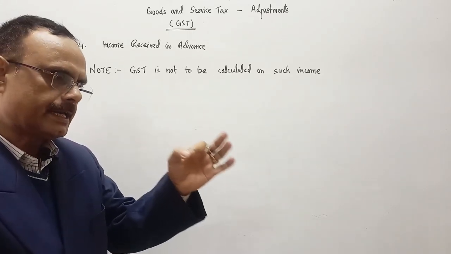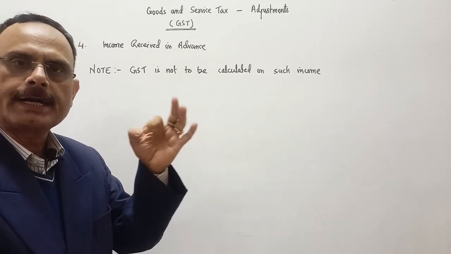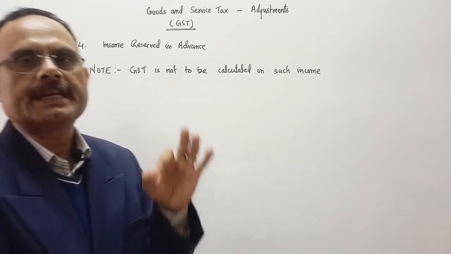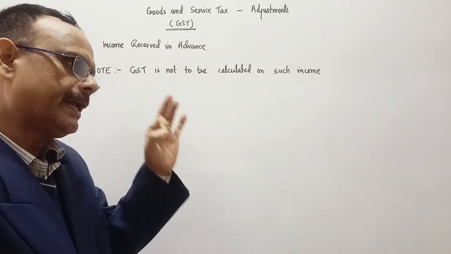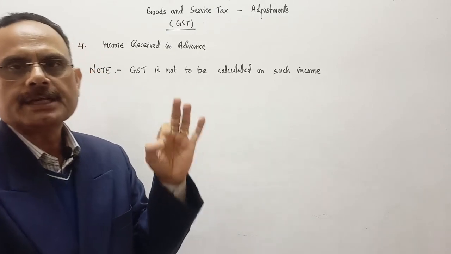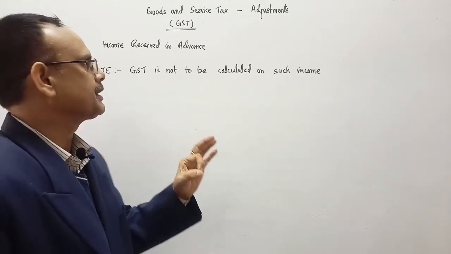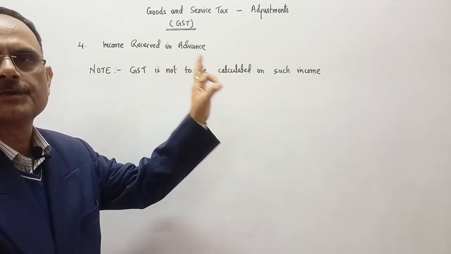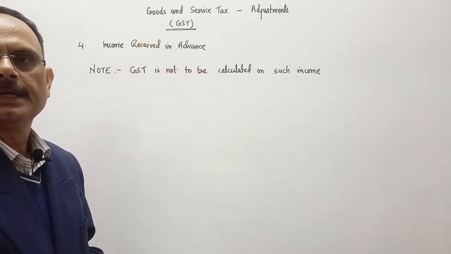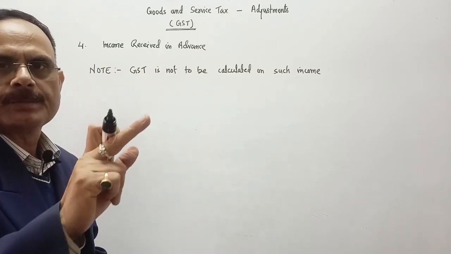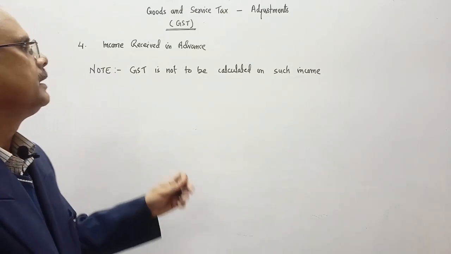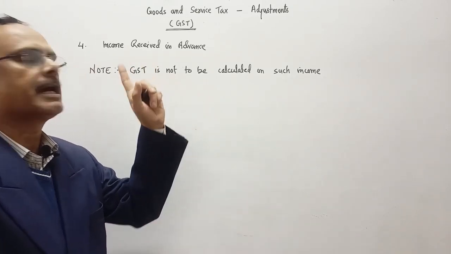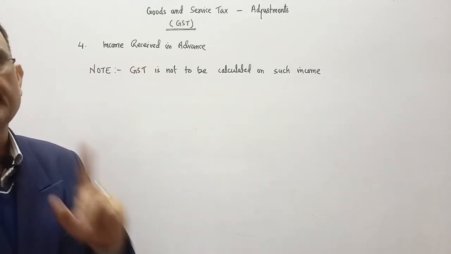Okay, when that income is received by the business, already at that time output CGST and output SGST is credited. So if any such information related to income received in advance is given in the adjustment, means outside the trial balance, then keep it in your note that GST is not to be calculated on such income.